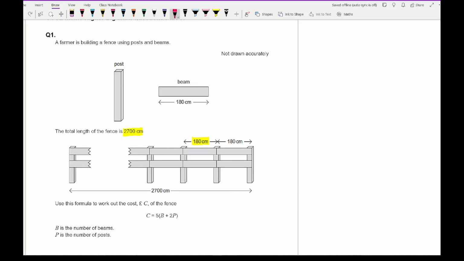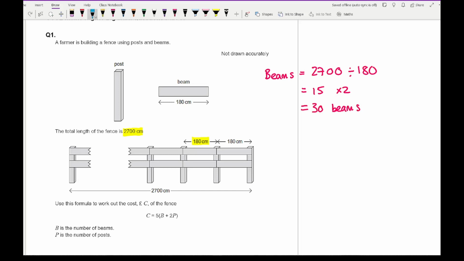To work out the number of beams, we take the total length, 2,700, and divide that by 180. If we type that into our calculator, we end up with 15. Now, for each 180, we're using 2 beams, so if you multiply that by 2, it gives us a total of 30 beams.